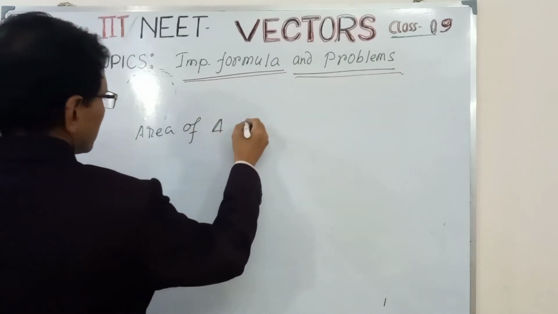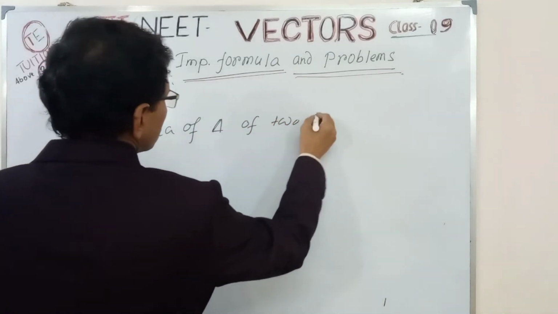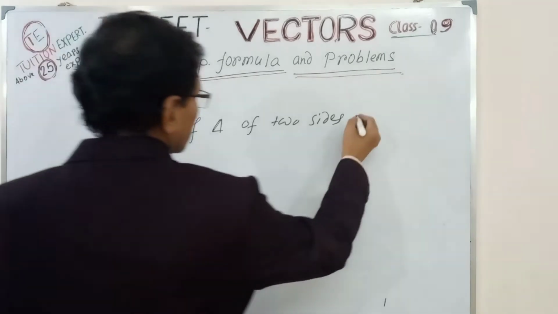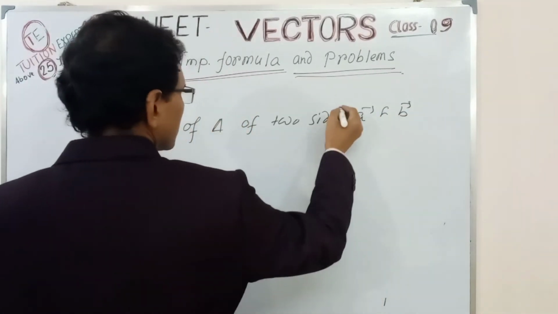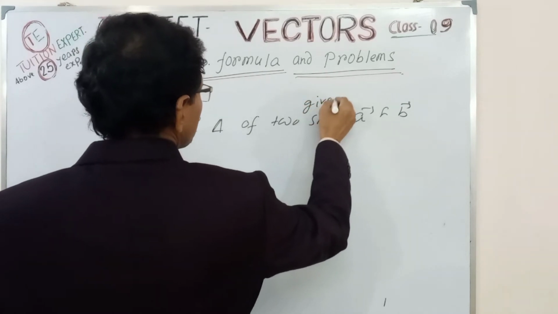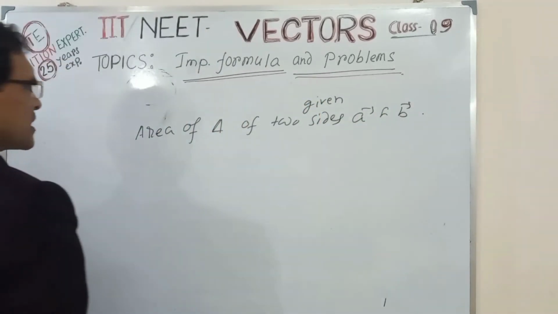Triangle of two sides A and B given. Two sides A and B are given.